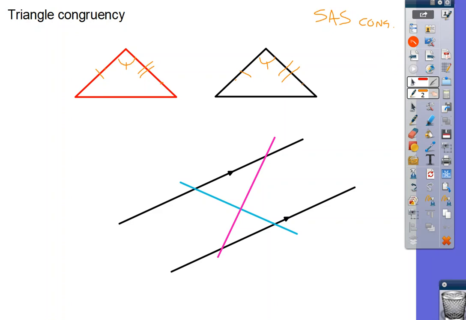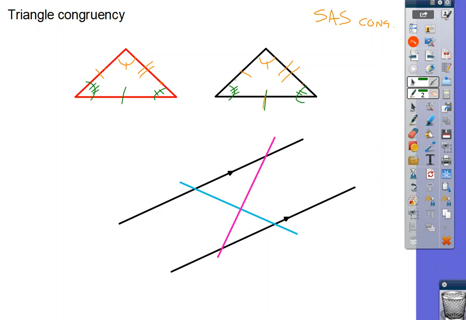Now, if the whole triangle is going to be congruent, that would also mean that the other pieces of the triangle that are not talked about would be congruent to each other. So in other words, this is going to be congruent to this side, this angle, and this angle, and this angle.